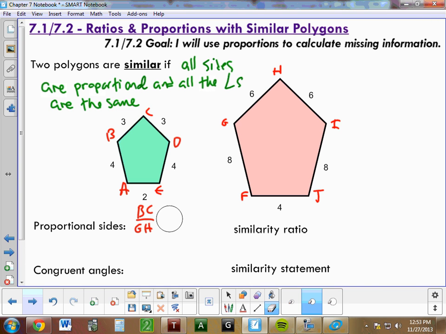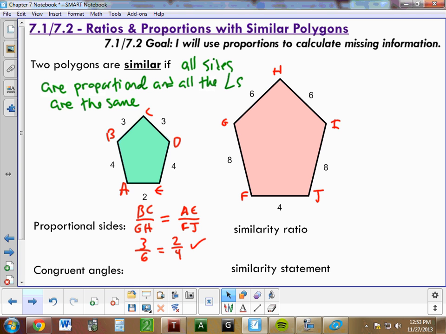So I've got AE over FJ, and I can show that's true if I plug in some numbers. BC is 3, GH is 6. Is that similar to AE, which is 2, over FJ, which is 4? That checks out. They're both the same ratio.